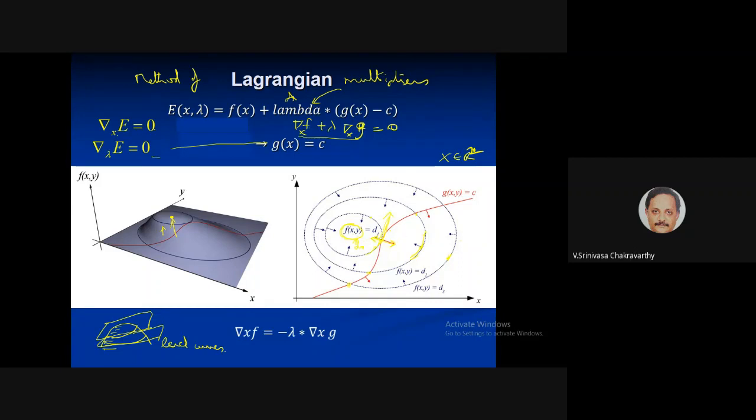You can imagine that I take level curves of this function f of x comma y. f of x comma y has a hill, has a maximum at this point. Now I cut this hill at various levels. I say f of x comma y is equal to d1, f of x comma y is equal to d2, f is equal to d3, and so on, where d1, d2, d3 are increasing values. For every one of those conditions, I'm effectively slicing this hill at the level of d1, d2, and so on.